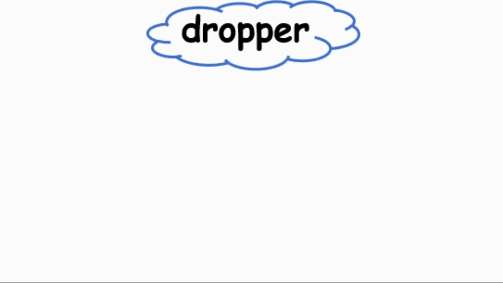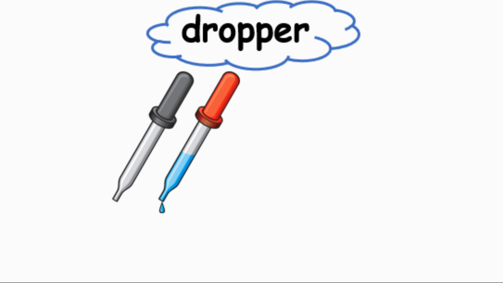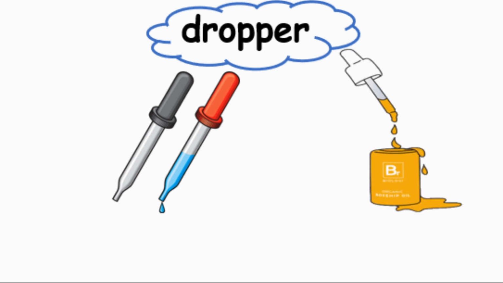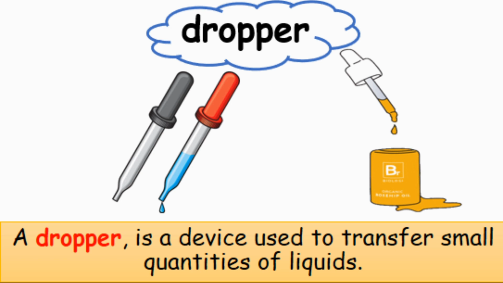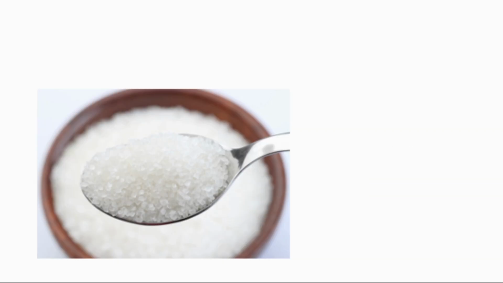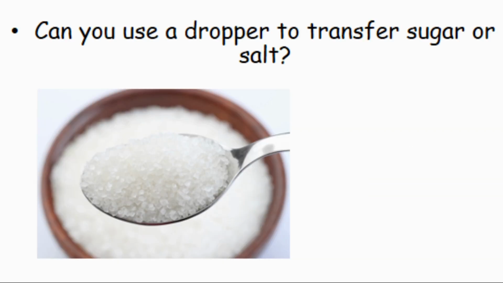Our first word is dropper. A dropper looks like this and this. A dropper is a device used to transfer small quantities of liquids. Can you use a dropper to transfer sugar and salt?